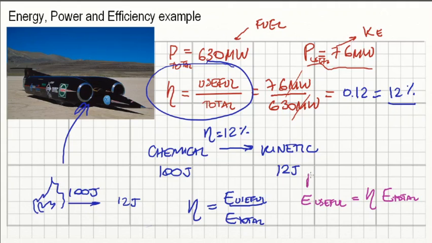You can also do the same thing for power, because think of power as a rate of change of energy. So if I divide both sides by a certain time, this will be useful power. This is still efficiency, and this is total power. All right, so we have those two relations here.